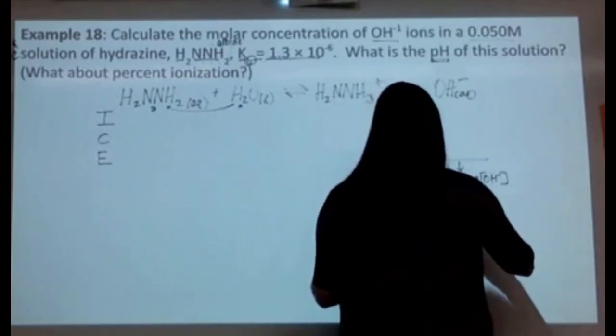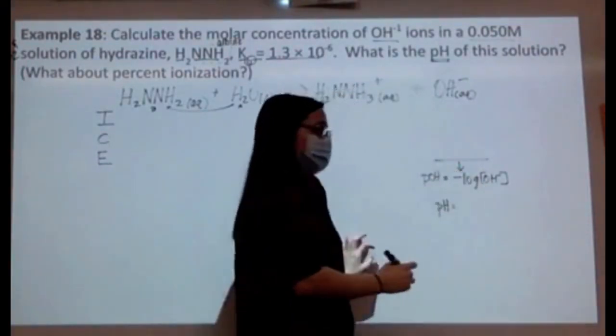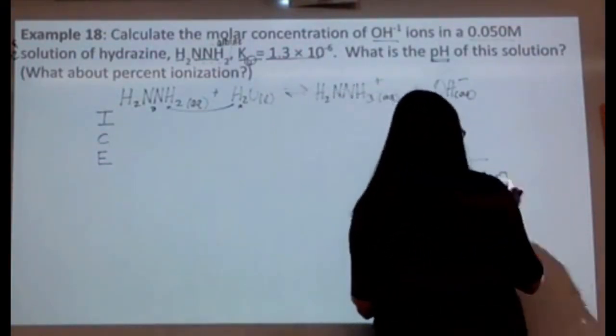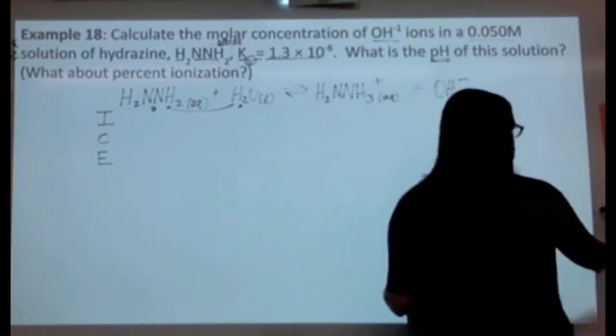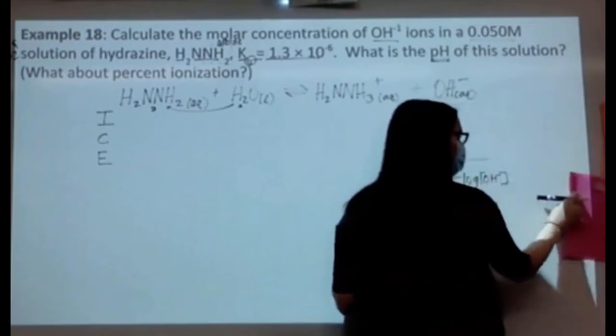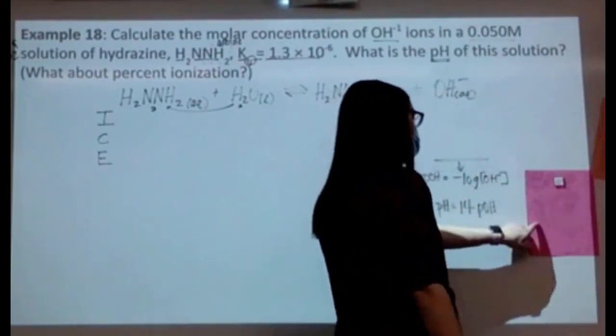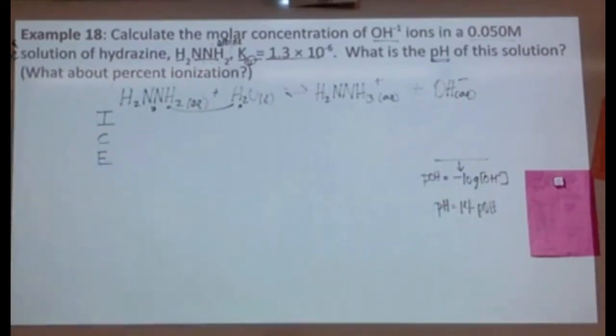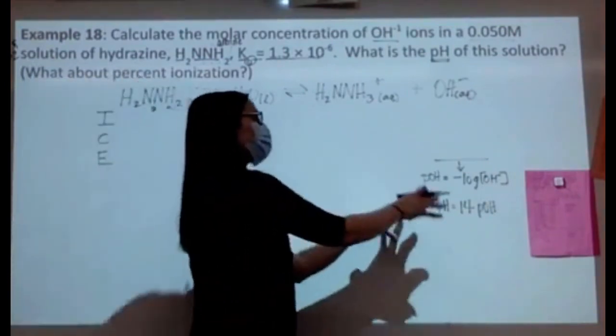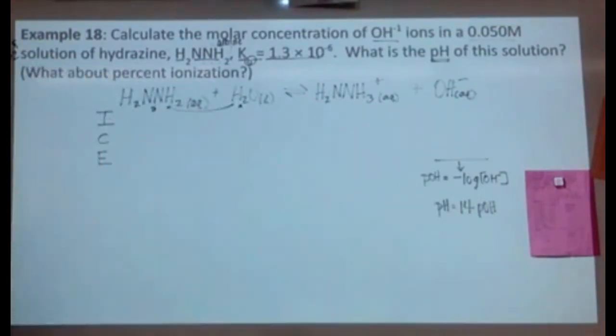So how do I find pH from that? Right, 14 minus pOH. And if you're like, well, I don't remember, take a look at your equation sheet. It has 14 equals pH plus pOH. So I just wanted to write that down initially so when we have numbers, we're remembering what we're finding.